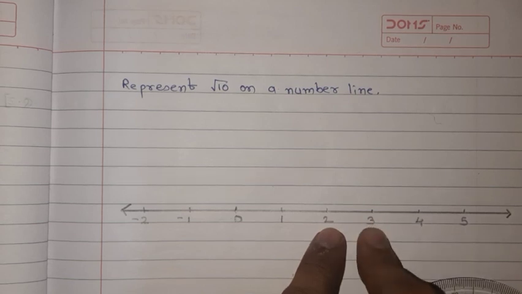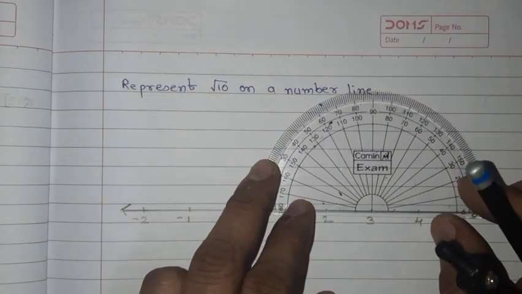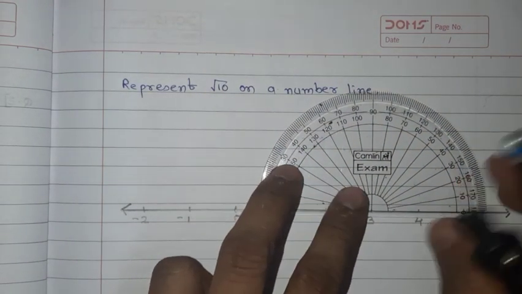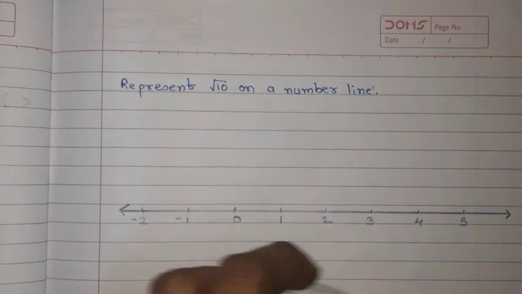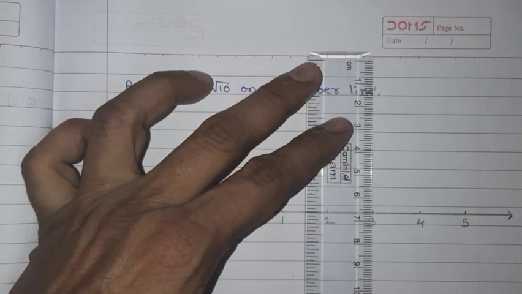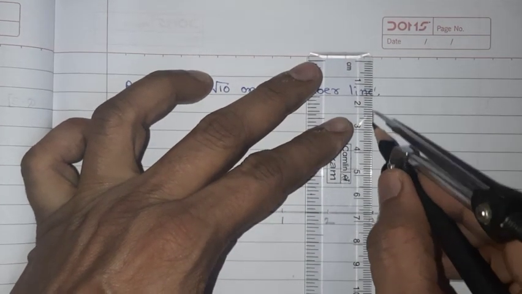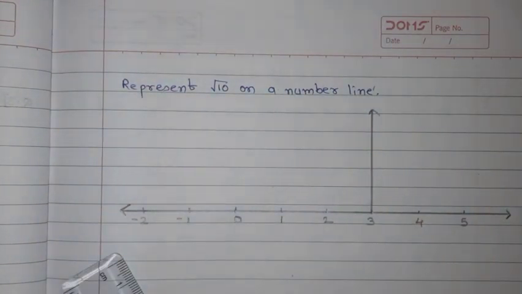Therefore we are drawing the perpendicular line on this point 3. For drawing we are using this protractor. Here we have to draw an angle measuring 90 degrees, and that will be the perpendicular line. Here it is, we have to make the arrow.